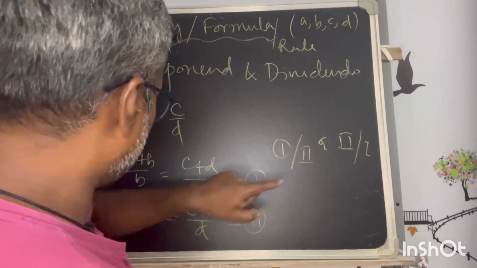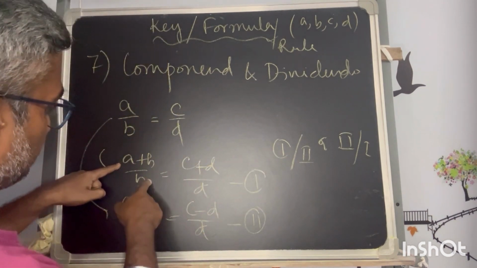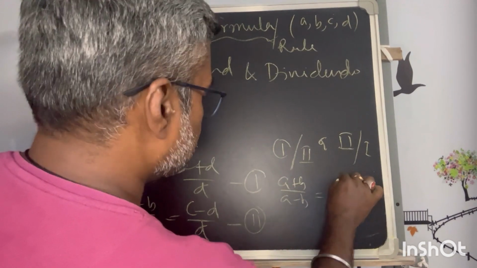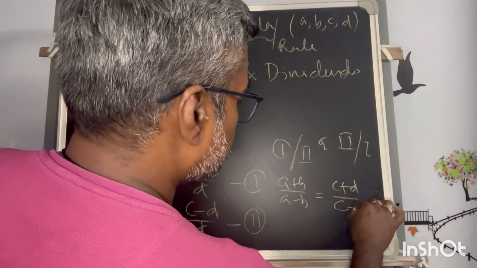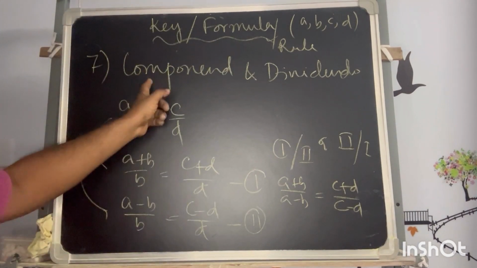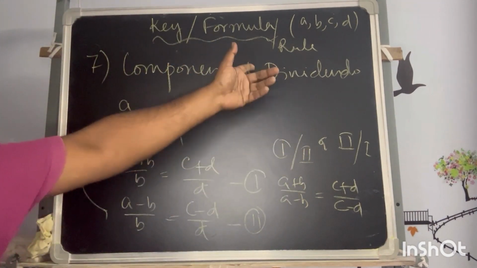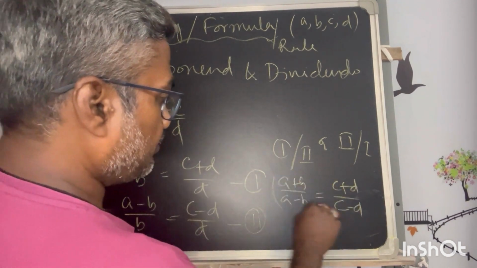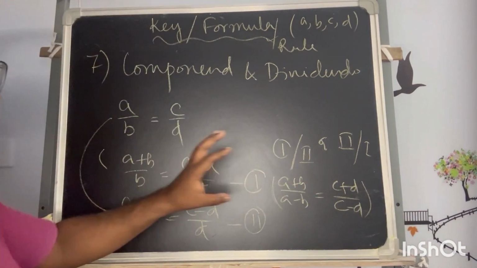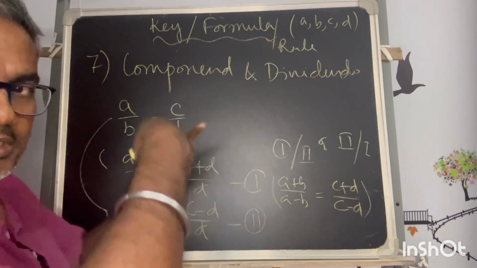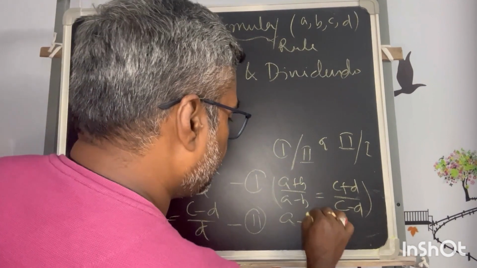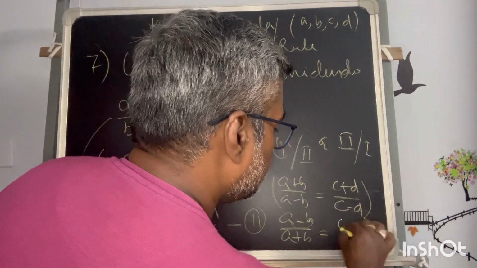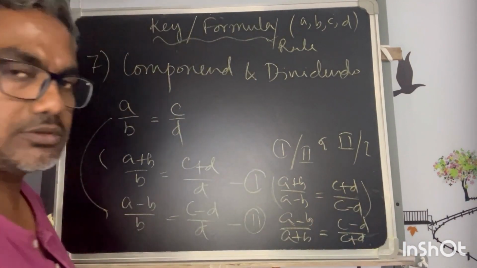If I do componendo by dividendo, the b will cancel, and this side is a plus b by a minus b, and that side is c plus d by c minus d. Now this can be reversed as dividendo by componendo, because if we apply invertendo, which is just inverting the ratio, you will find a minus b by a plus b is equal to c minus d by c plus d. So this will also be correct.